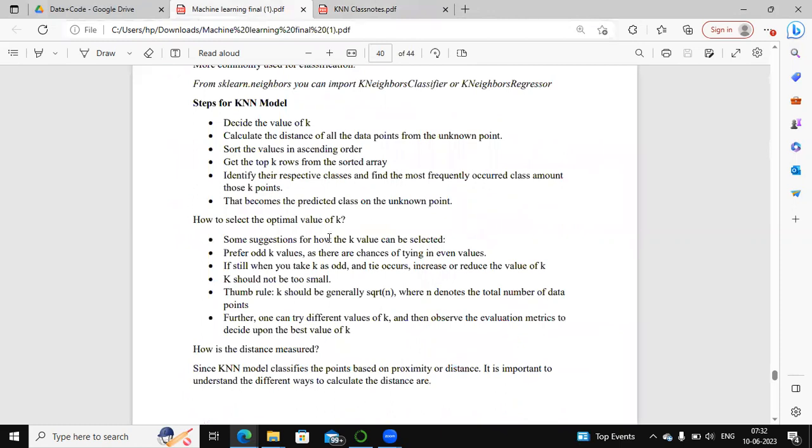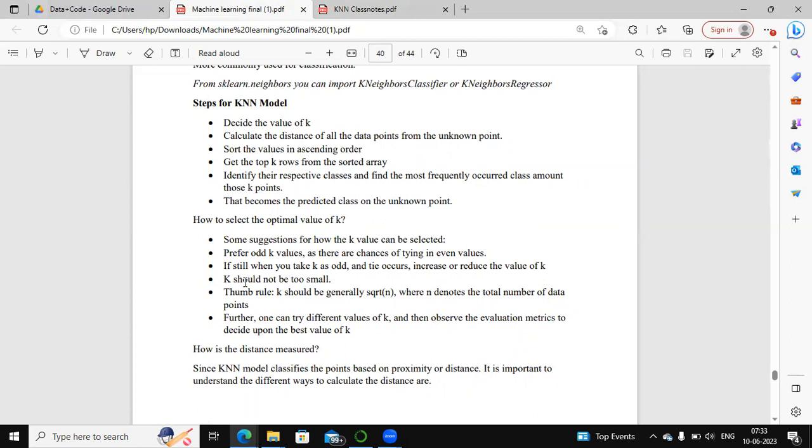Let's see some suggestions. Always prefer odd values, as there is a chance of a tie with even values. If a tie still occurs with odd values, say in multi-class classification where two classes get the equal majority, then increase or decrease the value of k, and then you can get the result.